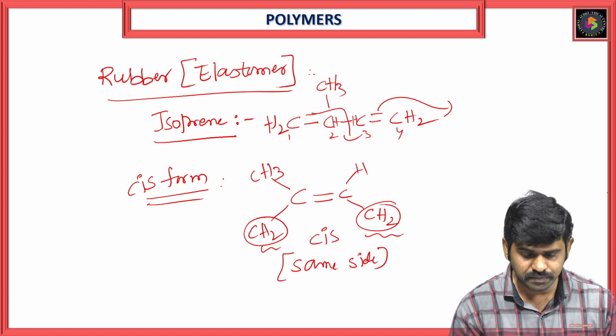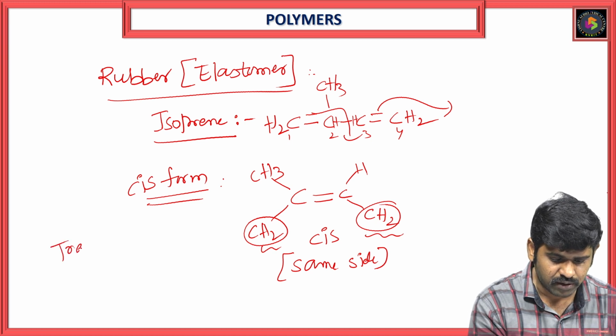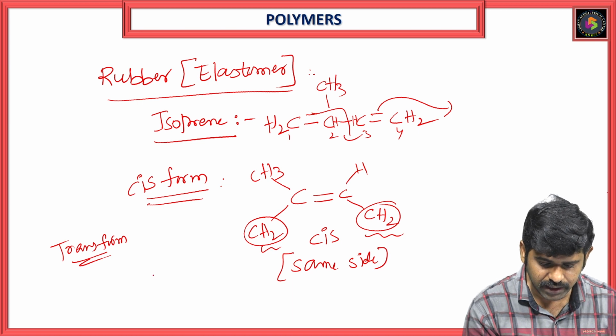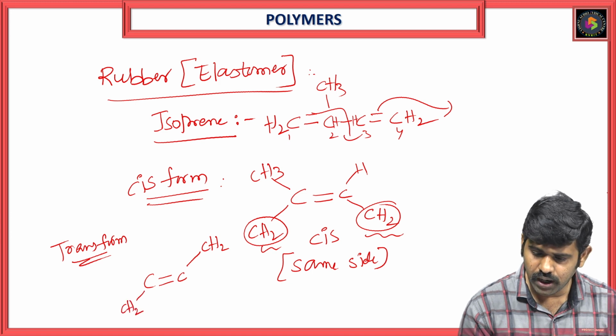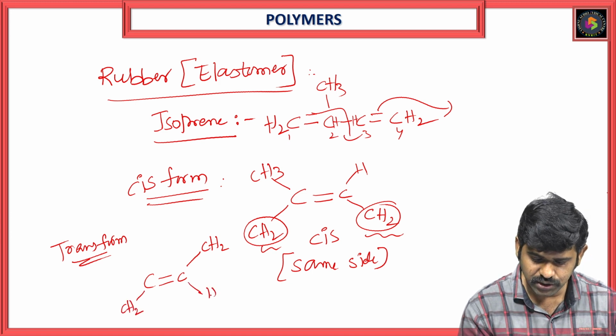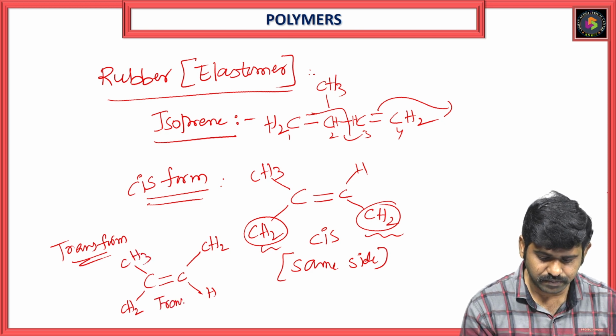And in the trans form, the groups are on opposite sides: C double bond C, CH2, CH2 and H, CH3. This is the trans form.